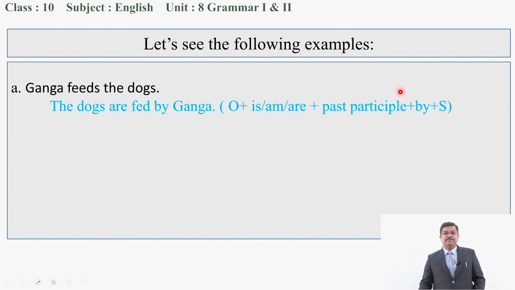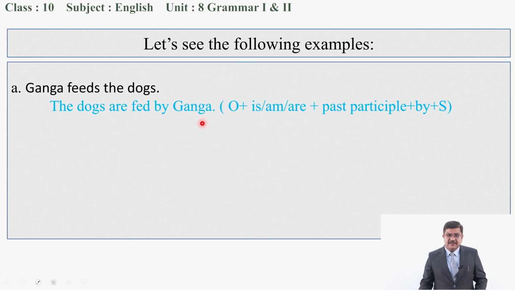Okay. And past participle form of the verb. And we may use by. Sometimes when the subject is optional, we may not use by. And when subject is not optional, we may use by with subject. So the passive sentence of Ganga feeds the dogs is: the dogs are fed by Ganga.